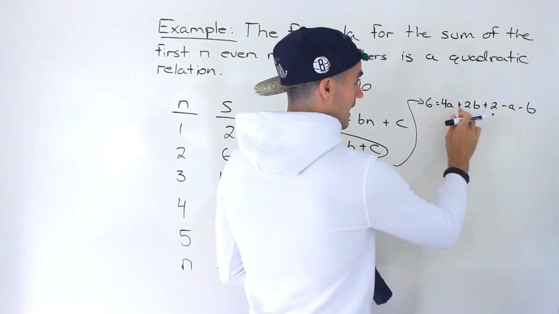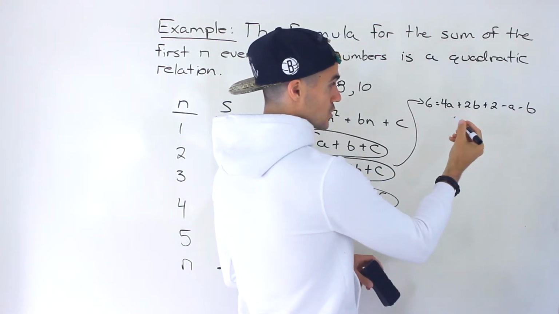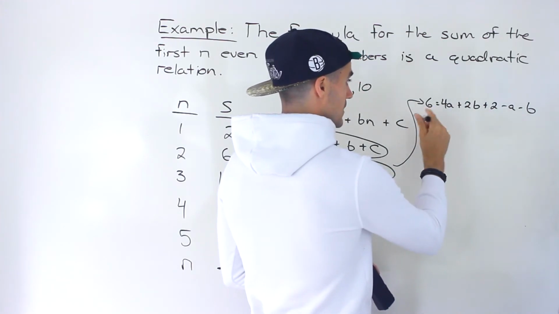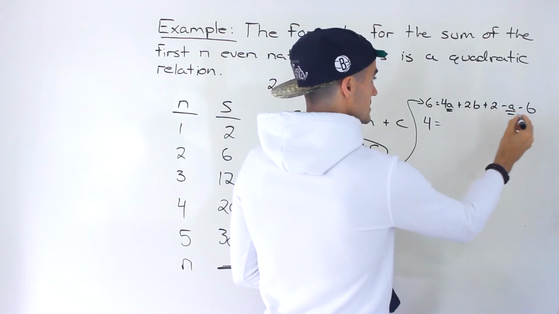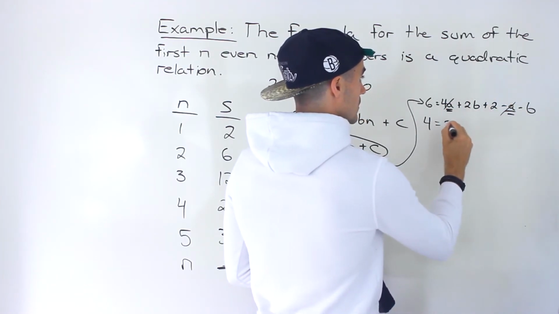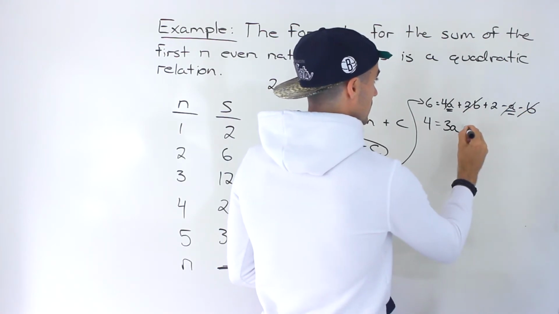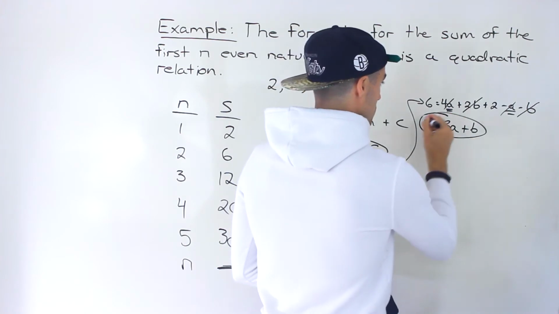And now notice that we got rid of the c's and we just have everything in terms of a and b. And so we can simplify this. I'm going to bring the 2 over. 6 minus 2 gives us 4. Then we'll have 4a minus a, which would give us 3a. And then we'll have 2b minus b, which would give us b, like that. So now we have this new equation.